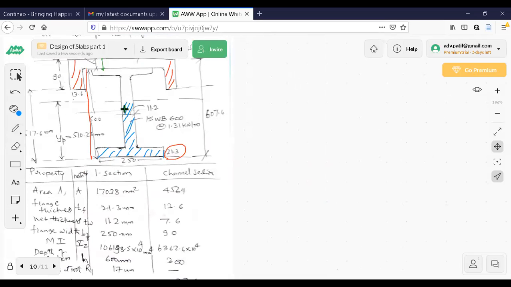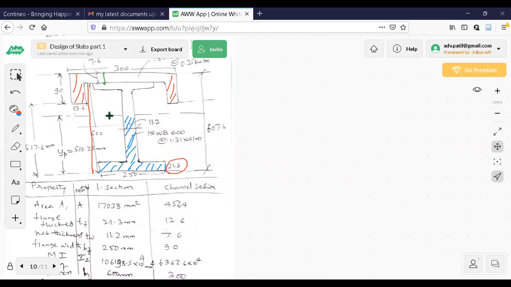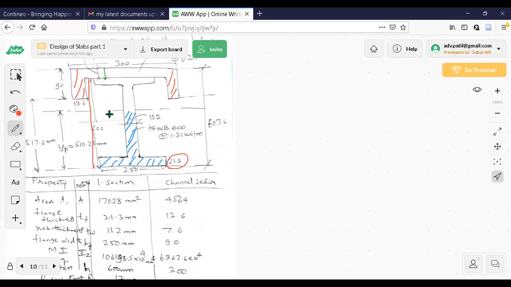The remaining height is YP minus 21.3, because YP starts from the bottom line.